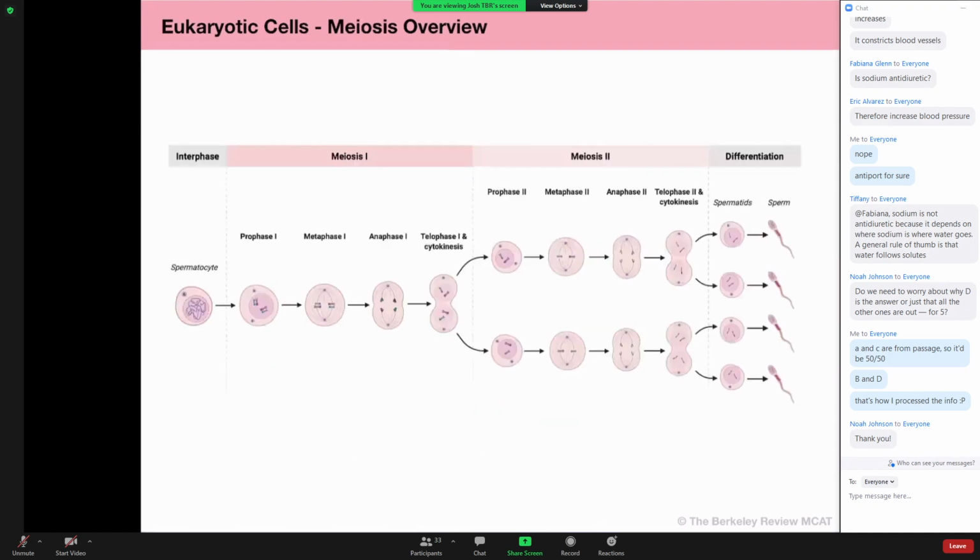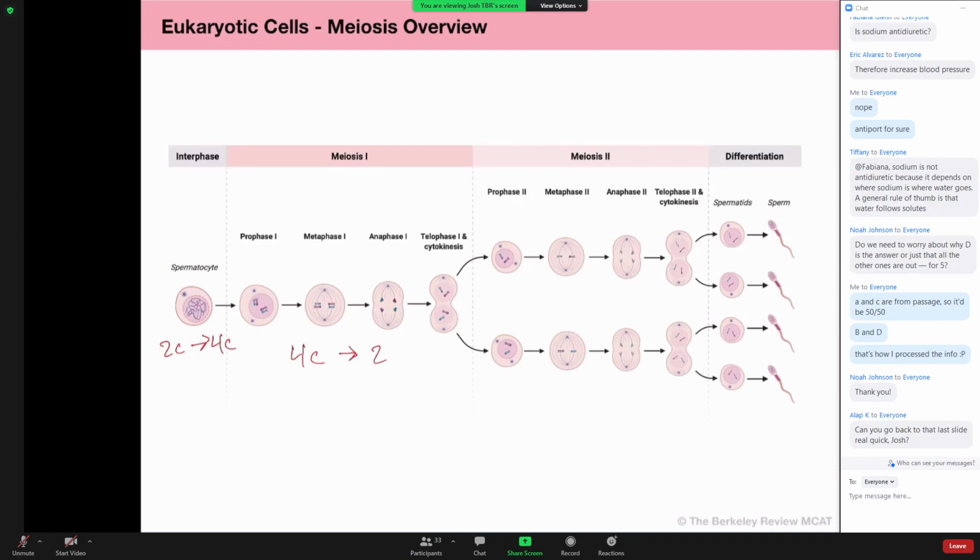For meiosis, similar story, but done twice. Okay. You start with 2 copies, and you're going to go to 4 copies, right? Now you have 4 copies over meiosis 1, and you're going to split that up. So now you have 2 cells, both with 2 copies of the DNA.